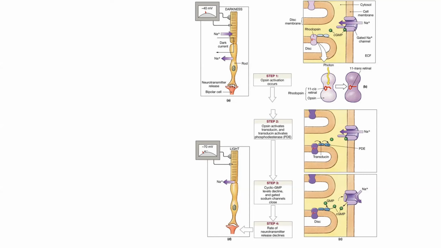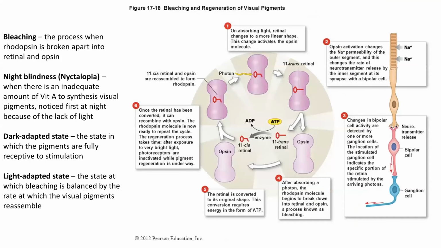Okay. So there's a good picture and more description in your spotlight in your book. Here's another image. Some vocab words, you don't have to worry too much about that, but one thing we'll talk about is bleaching. So here we have the photon coming in, changes that retinol to a trans form.